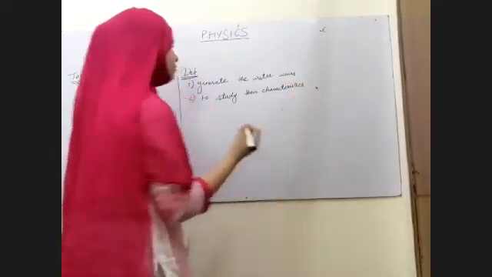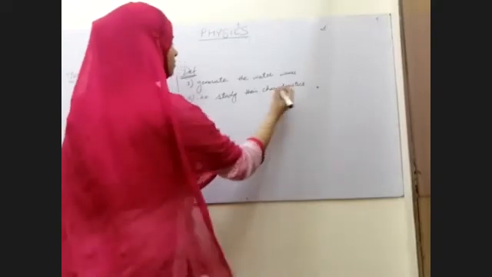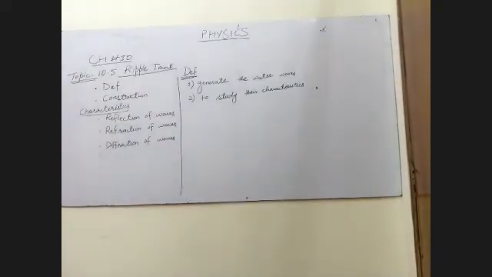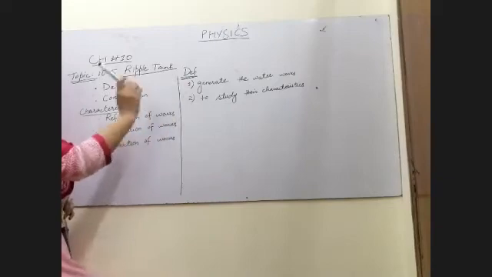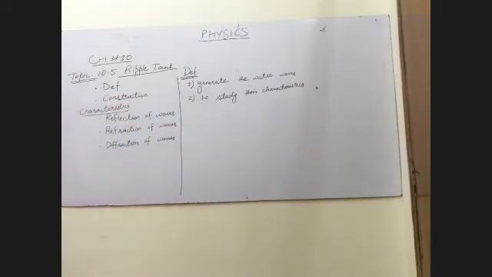When we add both of these, what we get is the complete definition of the ripple tank. That is, a ripple tank is a device used to produce water waves and to study their characteristics.